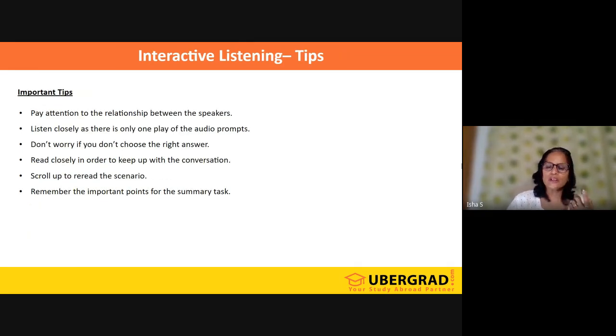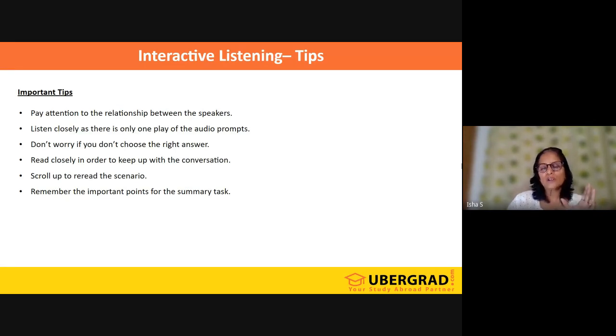Same here when it comes to any listening activity, you have to pay attention. You need to understand what the speakers are saying because there will be different accents and different voices. You need to understand whether it is male or female, especially. You have to play the audio, listen, and choose the correct option.